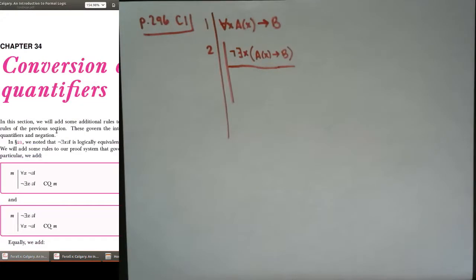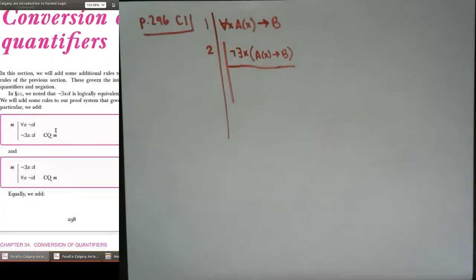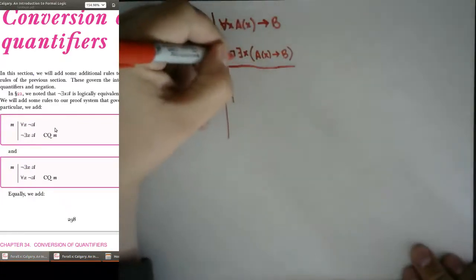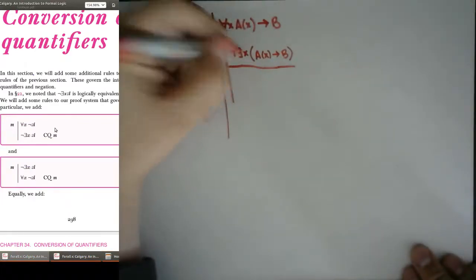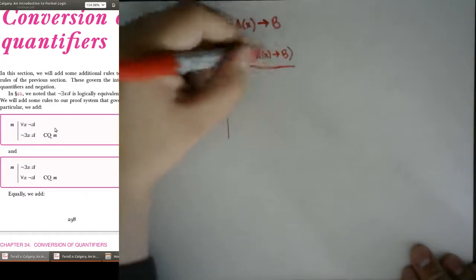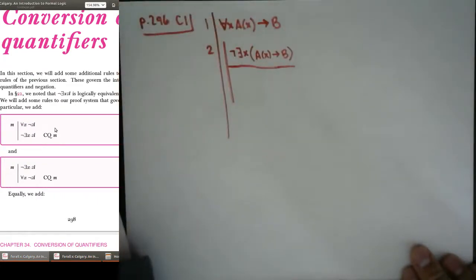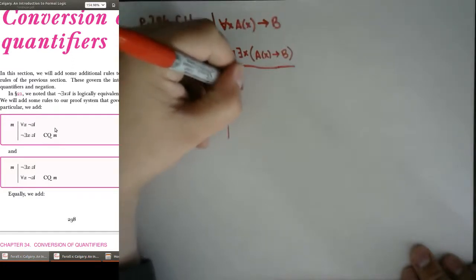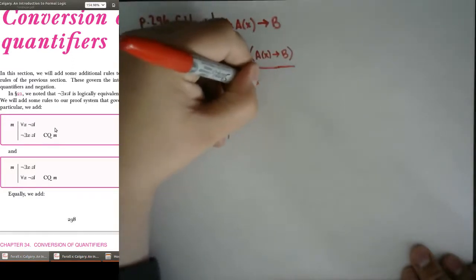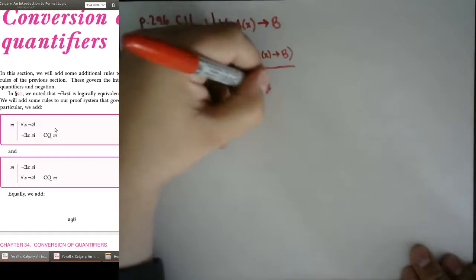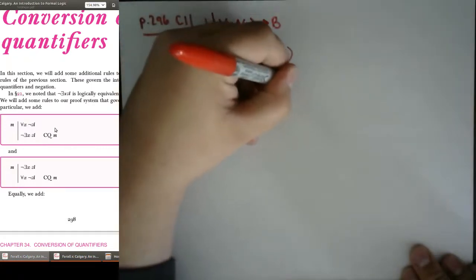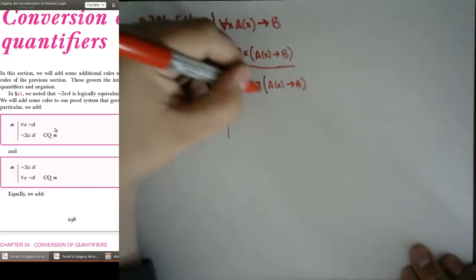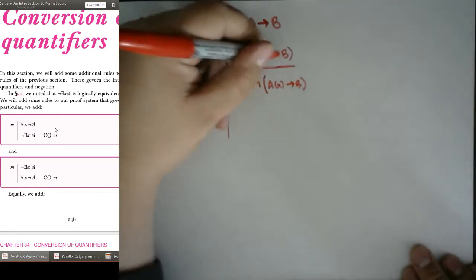So this is the rule of conversion of quantifiers, CQ. By the CQ rule, I can say that the negation of there exists of some formula is for all x, negation of that formula. So this is really for all x, not (Ax implies B). And you need to be careful about those parentheses, okay? That negation has to hit the entire formula.